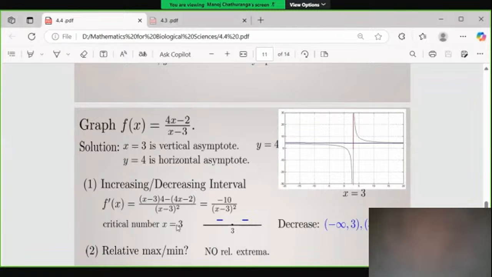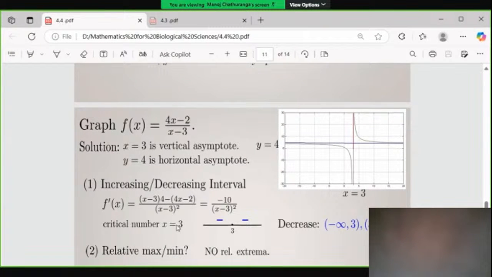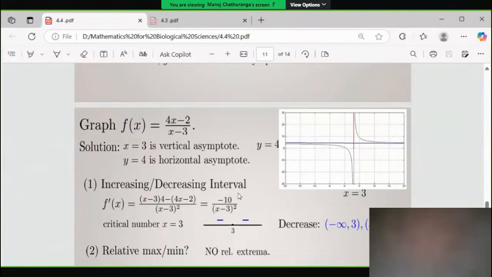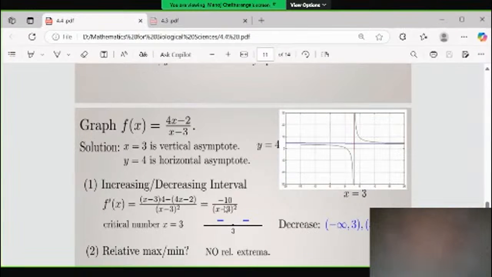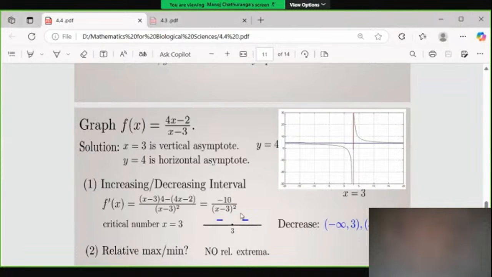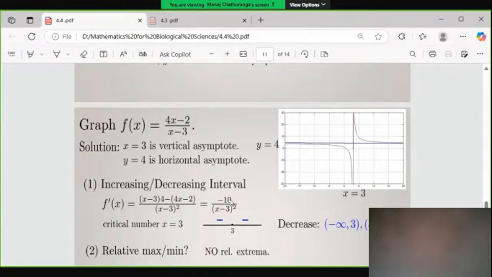So even though it is a real number, it won't be a relative maximum or relative minimum. If you think about the derivative, it is minus some square term. The squares are always non-negative. So this derivative is always negative, except at 3, because at 3 we can't say anything. Besides 3, it is negative.